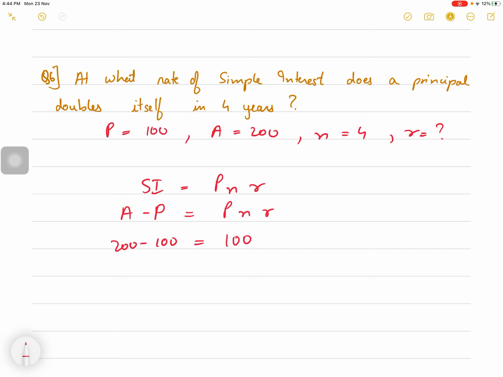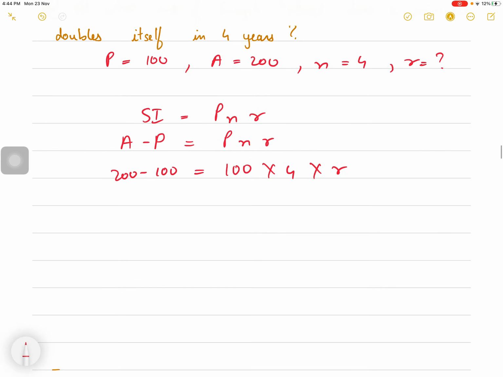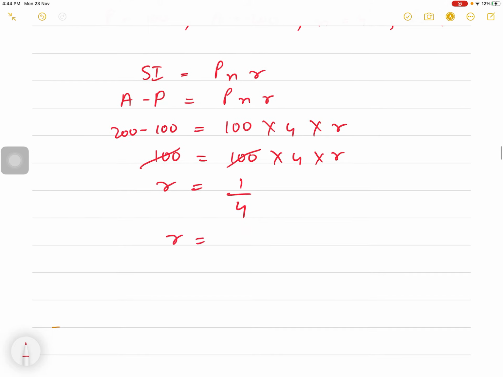P is 100. N is 4 and you don't know R. So 100 is equal to 100 into 4 into R. R is equal to 1 by 4. So R is equal to 0.25 or 25%.